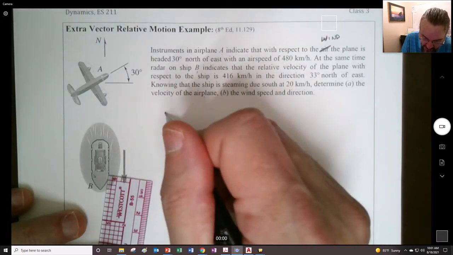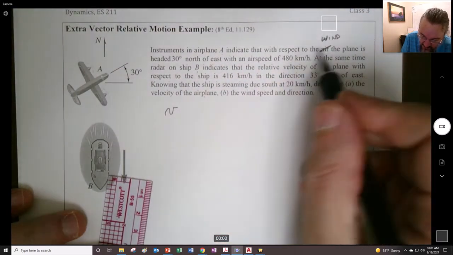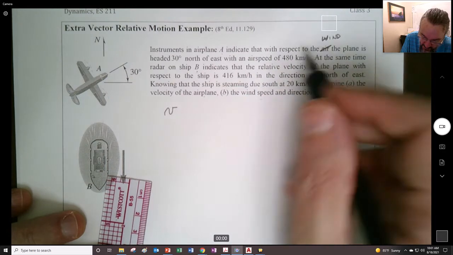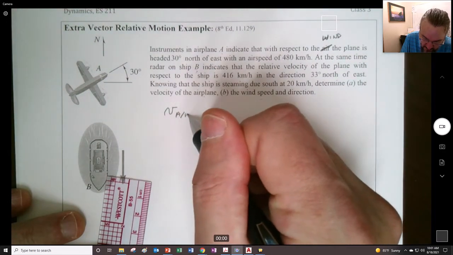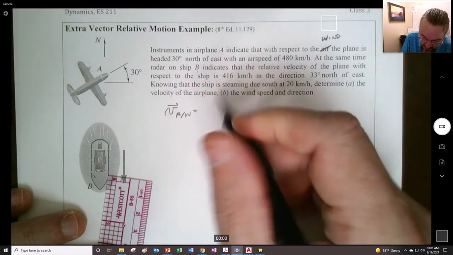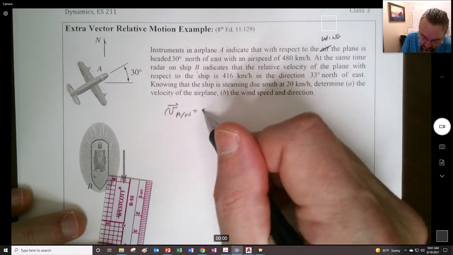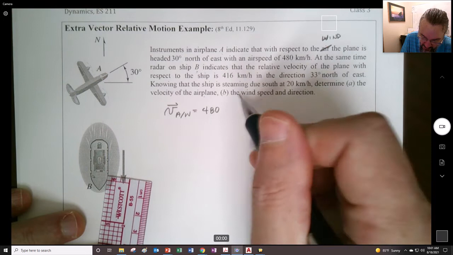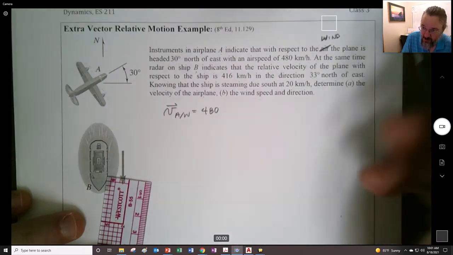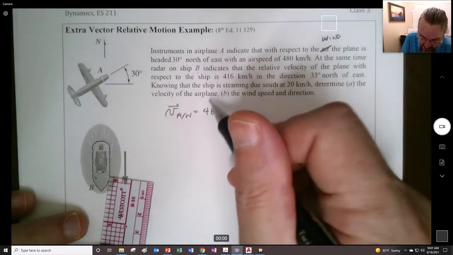So we know that the velocity of the airplane with respect to the wind is going to be 480, and we're not going to bother with changing the units because everything's in kilometers per hour.